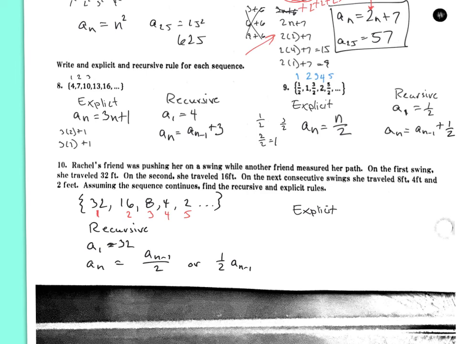So that might help us. Let's think about it: 1/2 to the first power is 1/2. 1/2 squared is 1/4. 1/2 to the third is 1/8. Anybody got it yet?